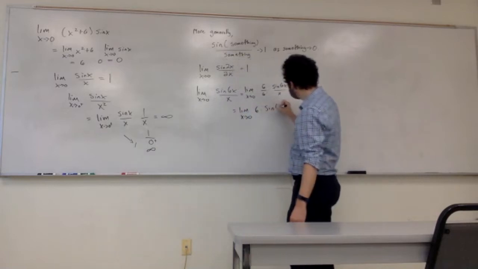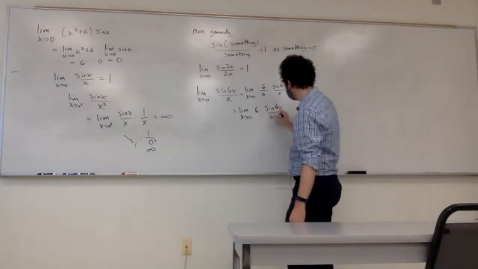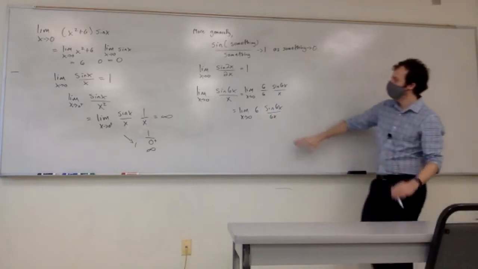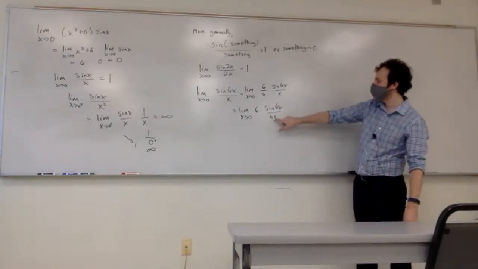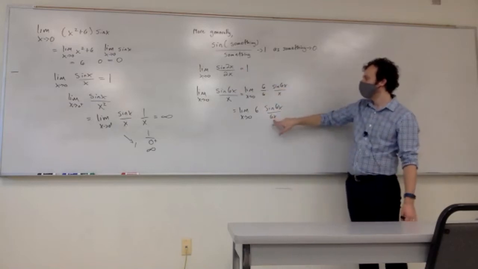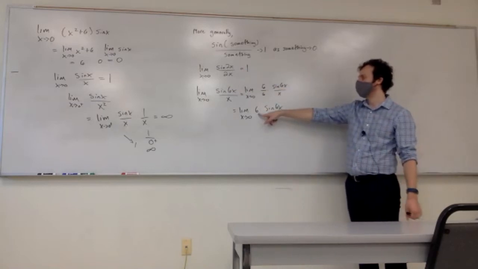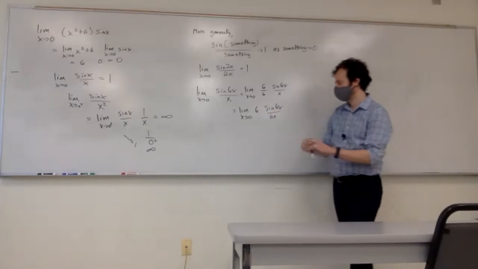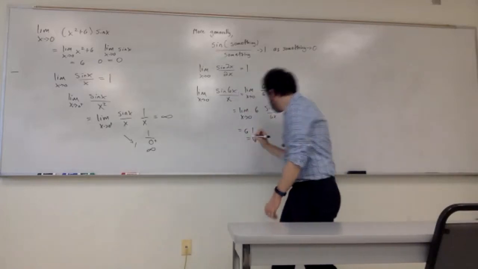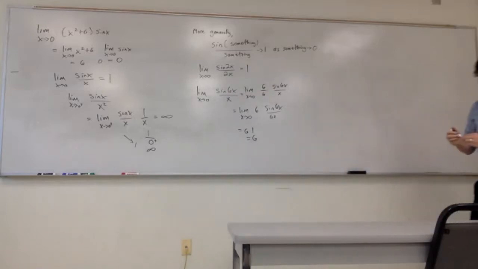So this is 6 times sine of 6x over 6x. And now we can focus on this function. This function goes to 1, just like this one did. And multiply that by a 6 afterwards, since this is a constant. So this is 6 times 1, which is 6.